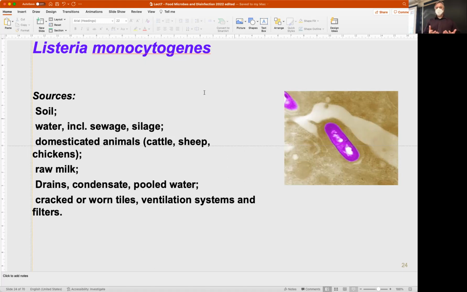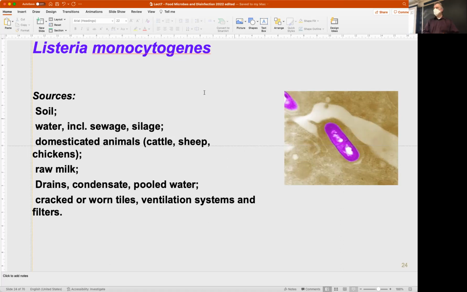What is this bacteria? This bacteria is found in dirt. It's found in sewage, water, silage. It can be found anywhere there are animals bringing up dirt to the feed or whatever. And it can be found in cattle, sheep, chickens.